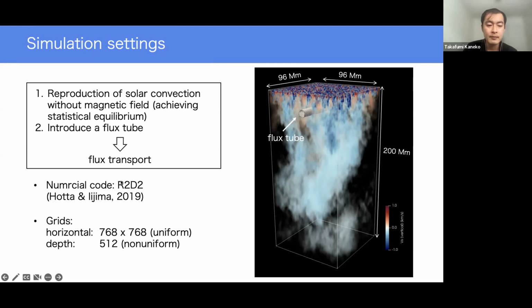Excuse me, do you have twist in the flux tube? Yes, there is twist, and this flux tube has positive helicity in this case. The grid size is moderate, not extremely high resolution, because we have to do many parameter surveys, so we use a moderate resolution for the simulation.